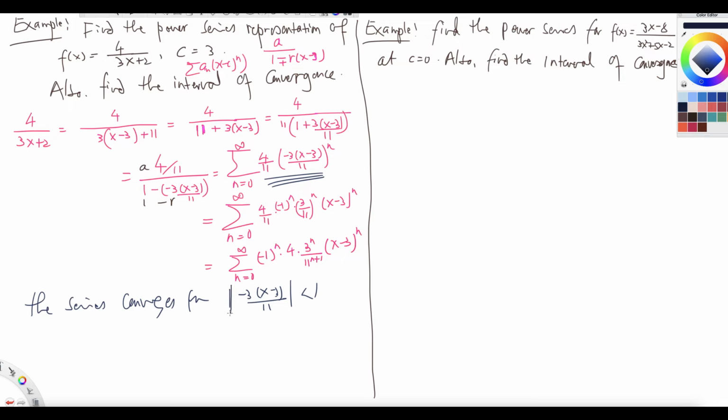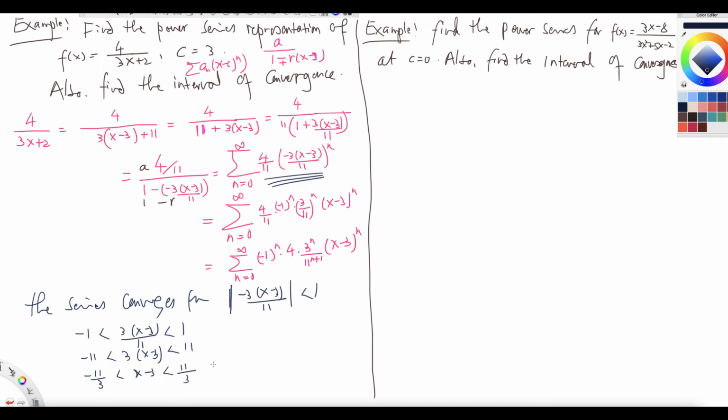If the common ratio's absolute value is less than 1, you can just get rid of the negative. So negative 1 is less than 3 times x minus 3 over 11, which is less than positive 1. Multiply by 11: negative 11 is less than 3 times x minus 3, which is less than positive 11. Divide by 3: negative 11 over 3 is less than x minus 3, which is less than 11 over 3.